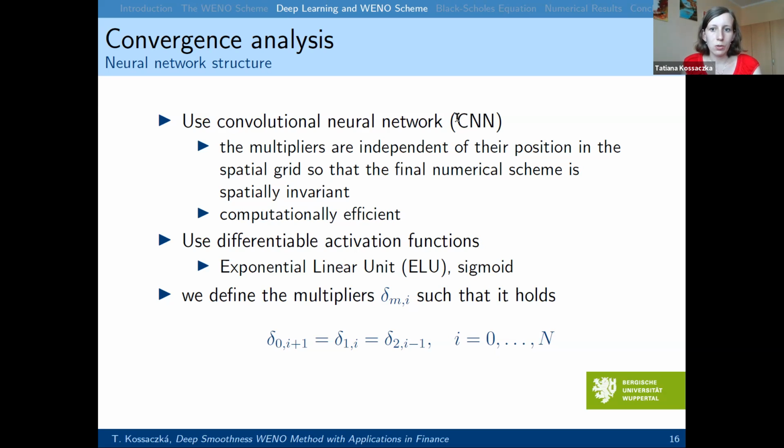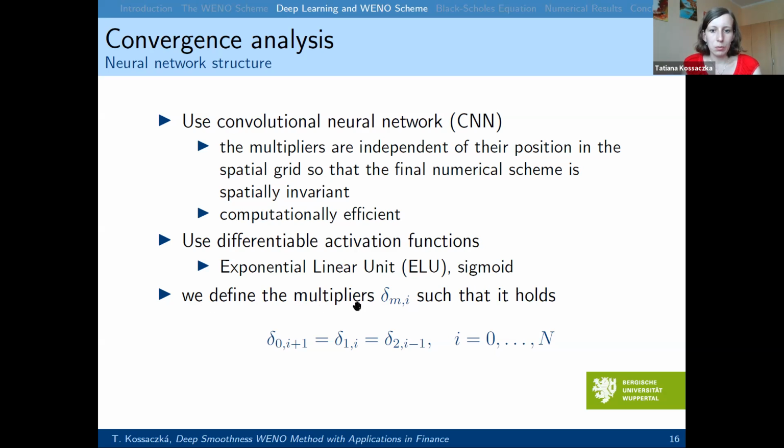That's why we use this convolutional neural network. The second thing is that it's computationally efficient. And we use differentiable activation functions, such as the exponential linear unit function, ELU, or sigmoid.